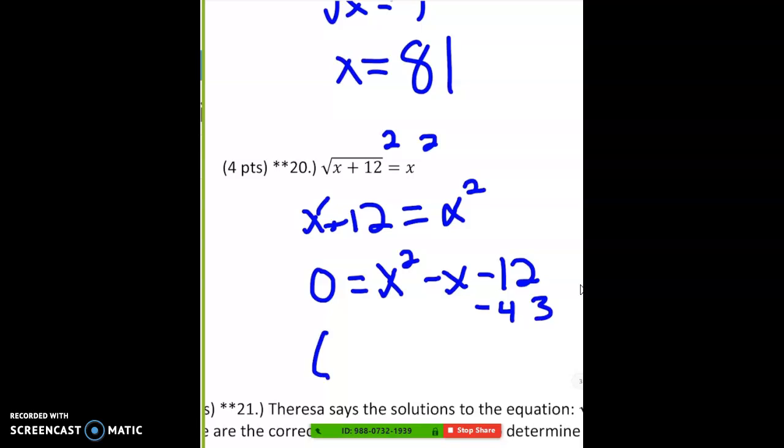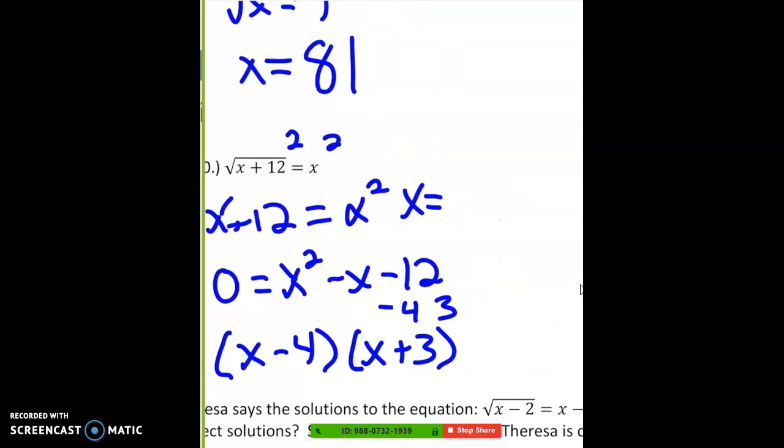So what I'll have is x minus 4 and x plus 3, which means that my solution will actually be the opposites of what you see. So my solutions here will be x is equal to positive 4 and negative 3.